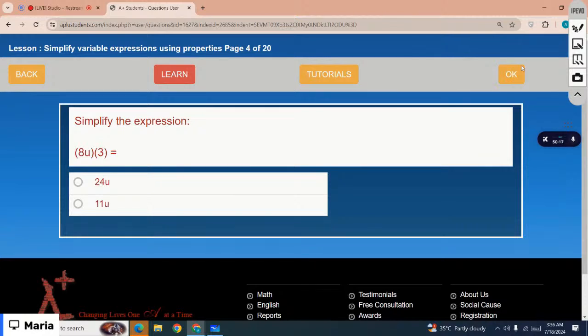Okay, simplify the expression, which is the correct option. Yes, that is option number one.